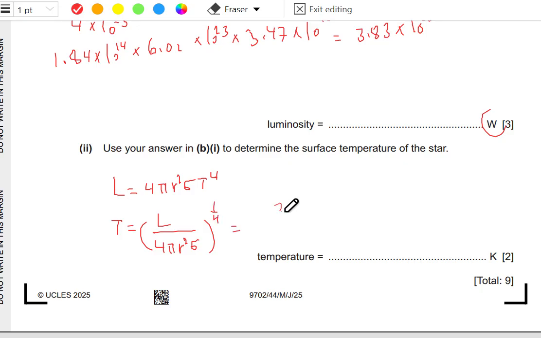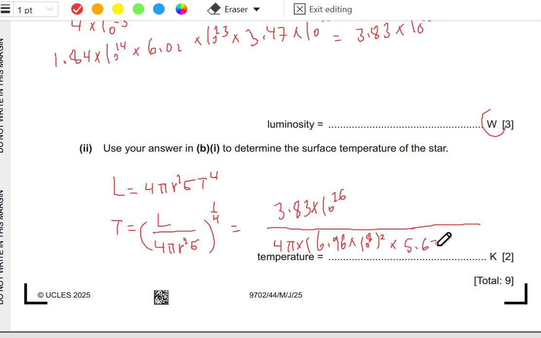We will substitute luminosity, and here you can use your calculator, the fraction button, to make this calculation just in one step.